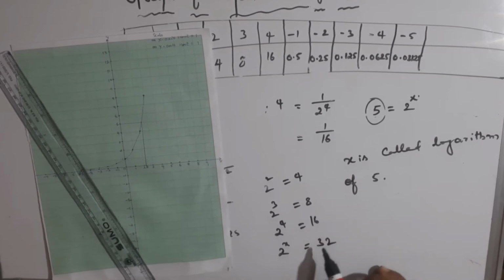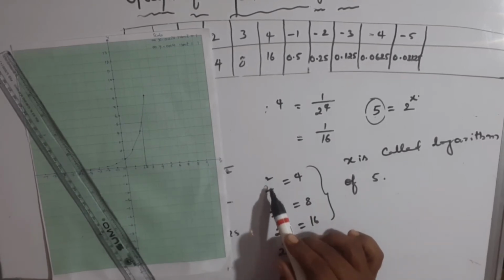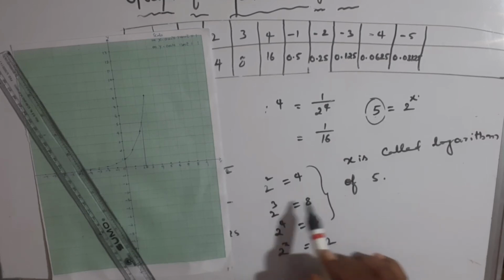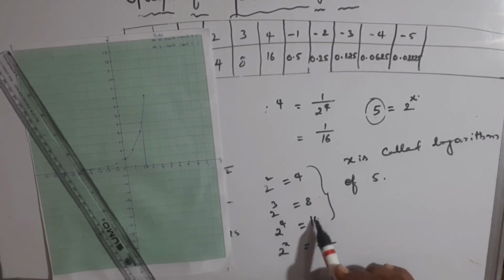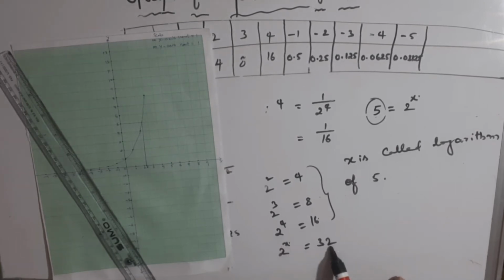So it is exactly the same as the previous operations. 2 to the power of 2 equals 4, 2 cubed is 8, 2 to the power of 4 is 16. Now 2 to the power of x equals 32, meaning for what value of x does 2 become 32? Here you need to find the x so that 2 becomes 32.